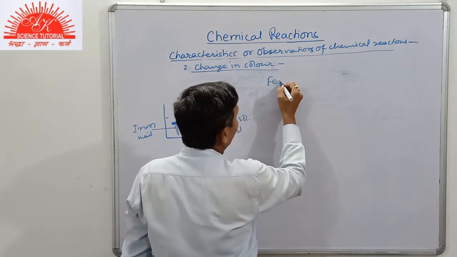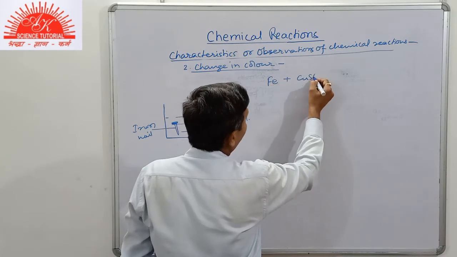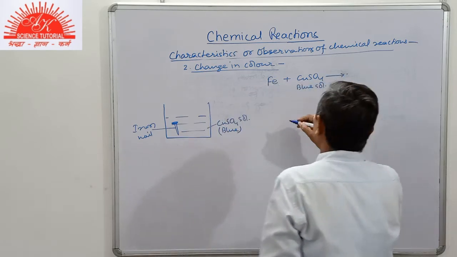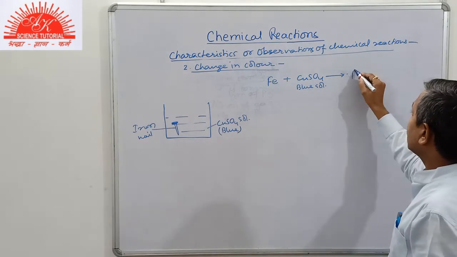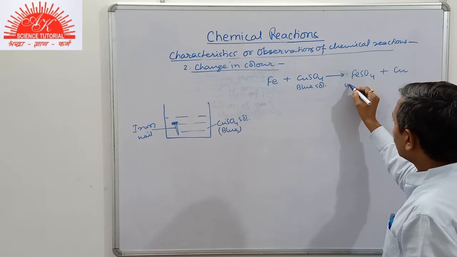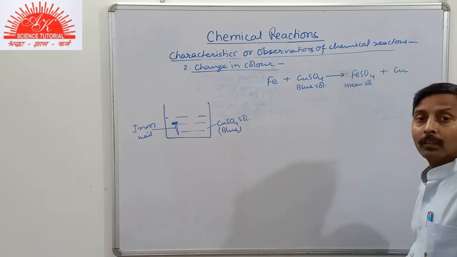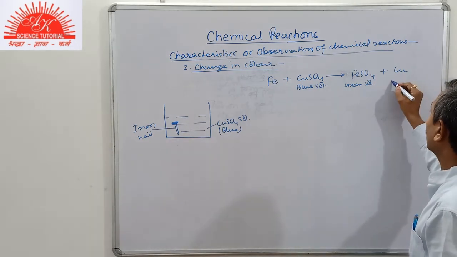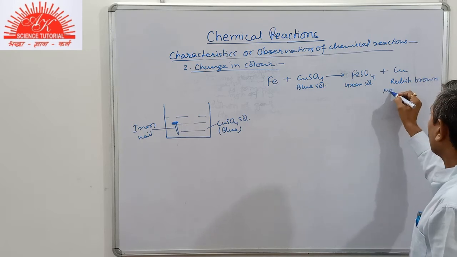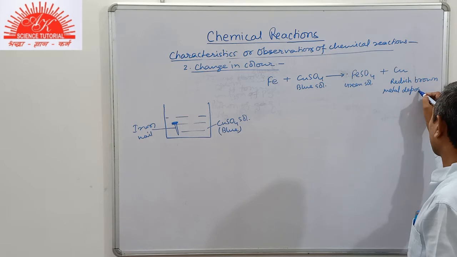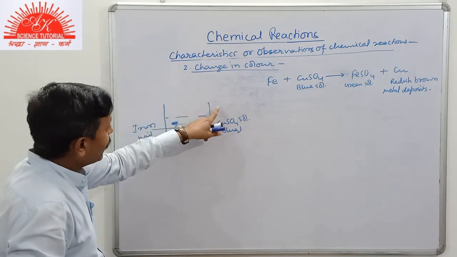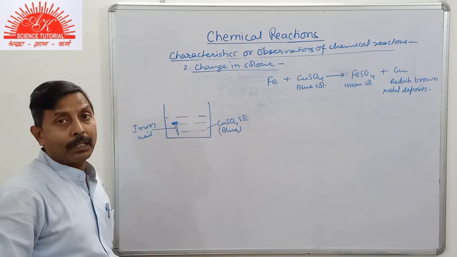So when a nail of iron is introduced in the blue copper sulfate solution, the reaction takes place. As a result, it forms FeSO4 plus Cu. The blue solution turns to green solution, and reddish brown metal deposits. So this time we are observing that there is a change in color taking place.